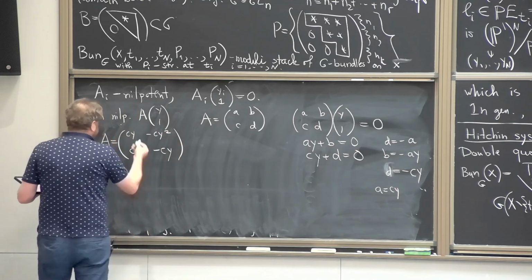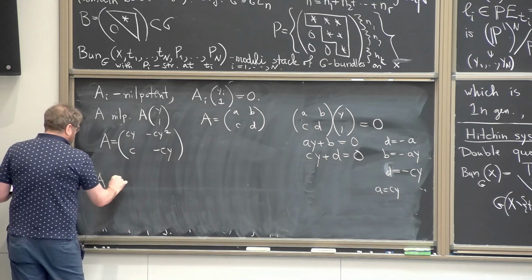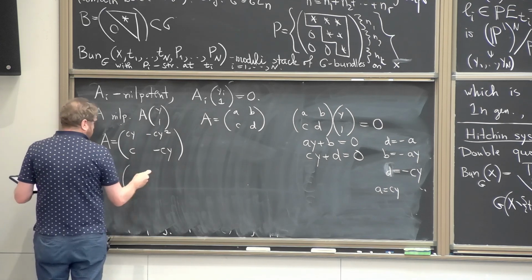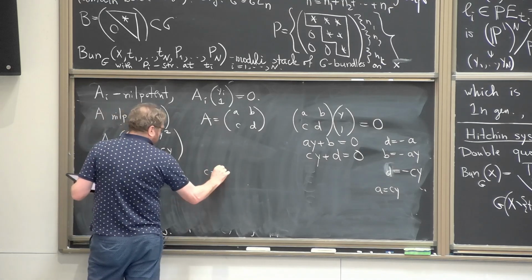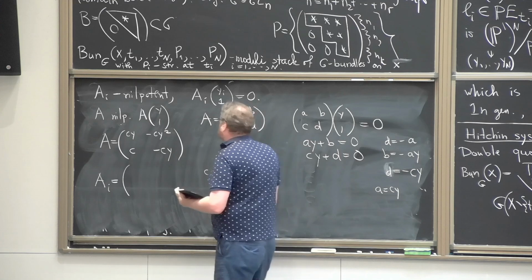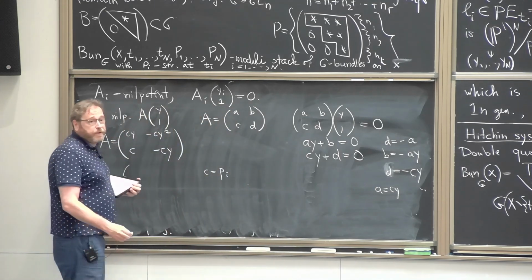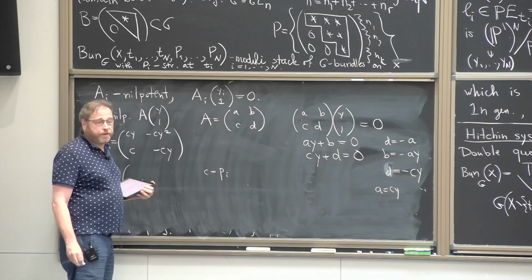And so this means that for each i, I'm going to have a_i equal to, let me call it in this case, c by p_i, because it turns out that these y_i are coordinates on our space, and p_i are momentum variables. It turns out that they are canonical coordinates.